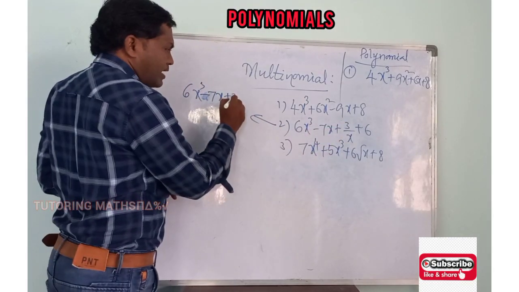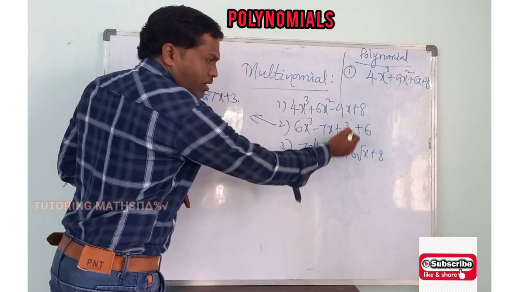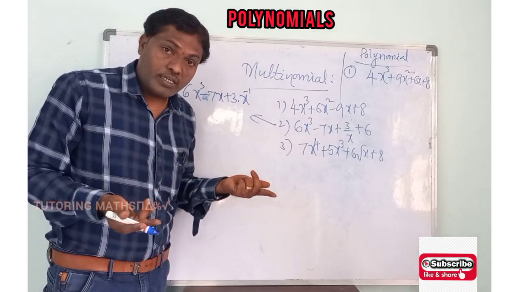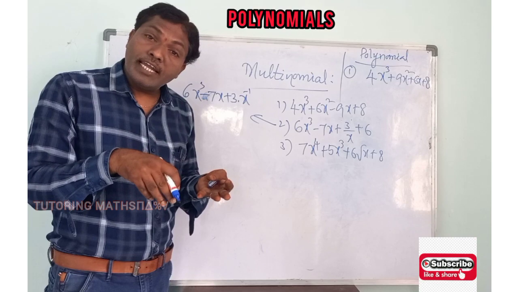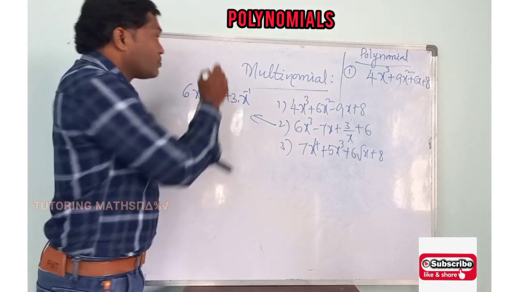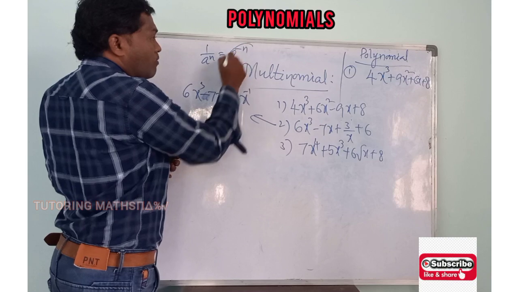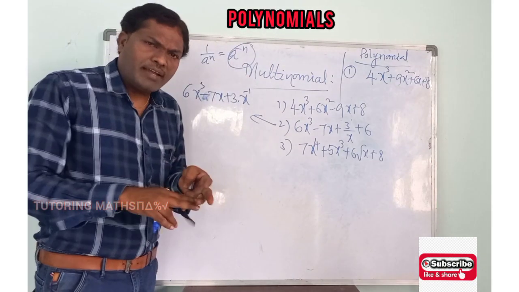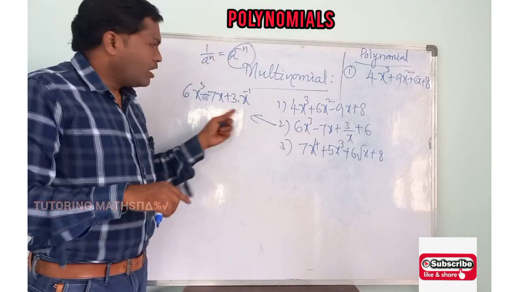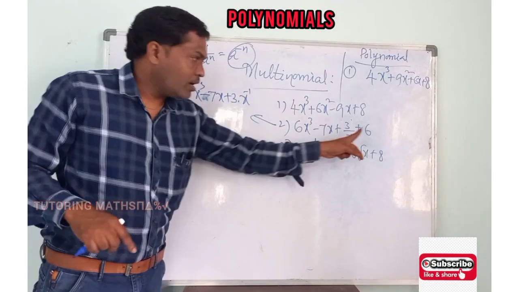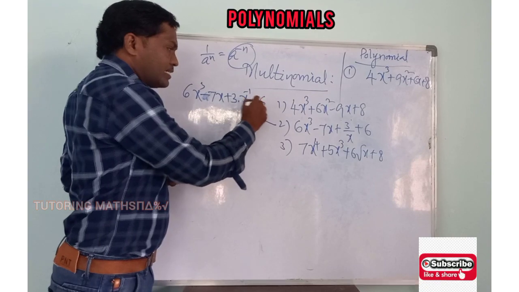You can write 3 into 1 by x becomes x power minus 1. You know that 1 by a to the power of n is equal to a to the power of minus n. In the same manner, 3 by x can be written as 3 into x to the power of minus 1, and the last term is 6.